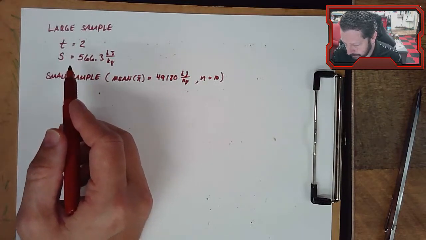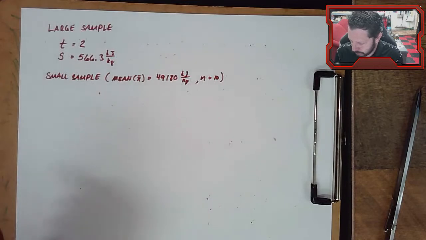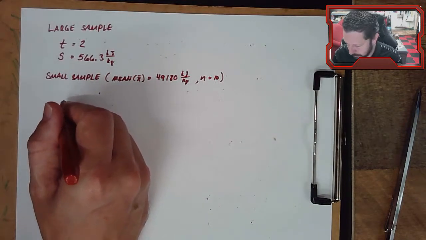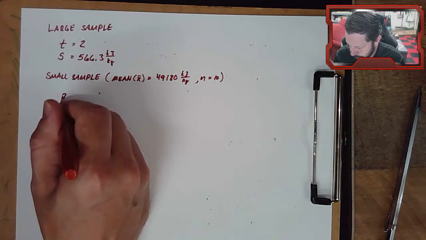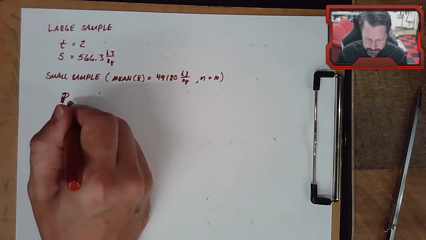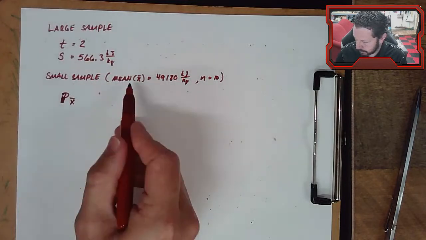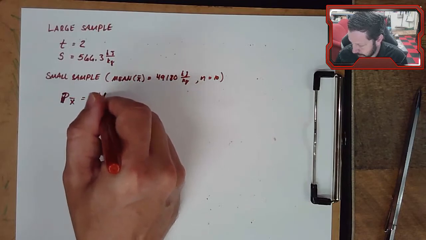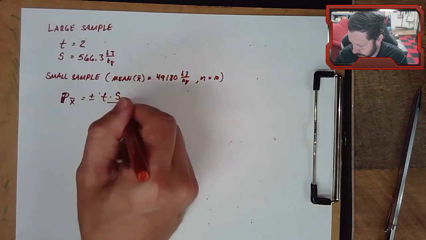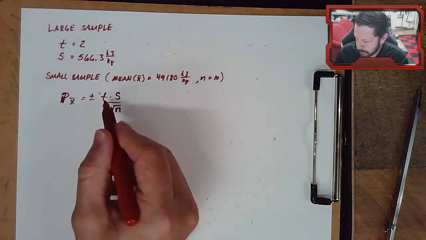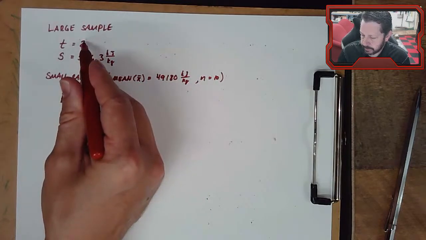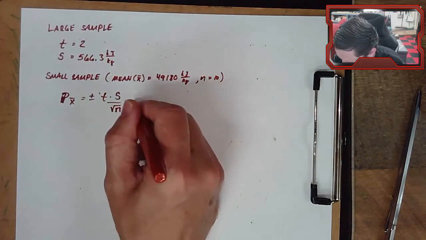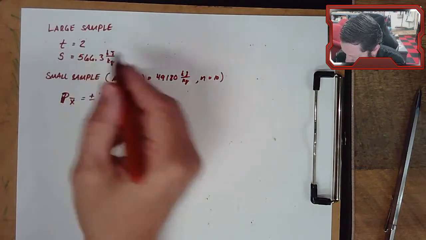So I can say the random uncertainty P for a mean equals plus or minus t times standard deviation over square root of n. But I can take the t of this large sample, since I'm using the standard deviation from a large sample. So I can take 2 times my standard deviation.